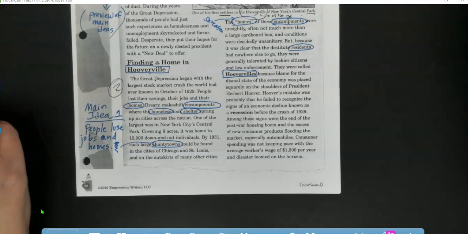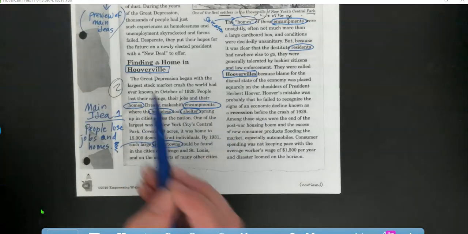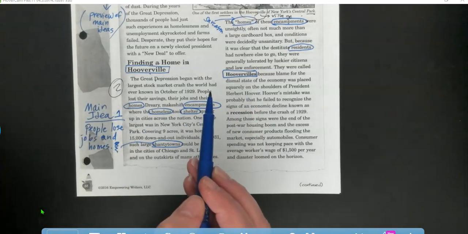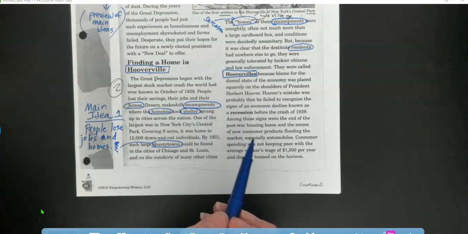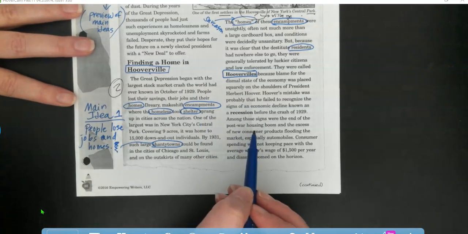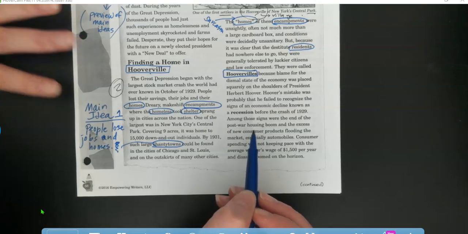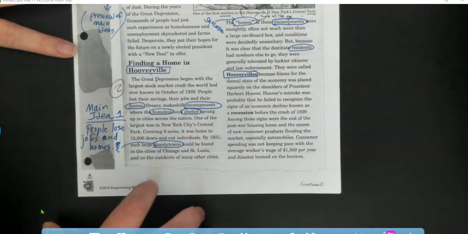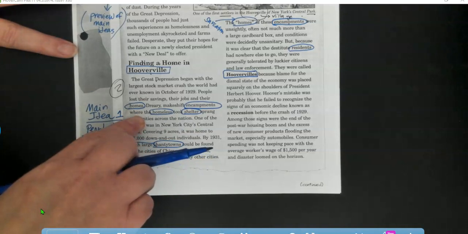I want to know what you think is the main part. What is the main idea of this whole section? Because if you get stuck on consumer products, that's only one small detail. We're talking about what is the overall problem that happened as a result of the Great Depression. Lots of people lost their homes.